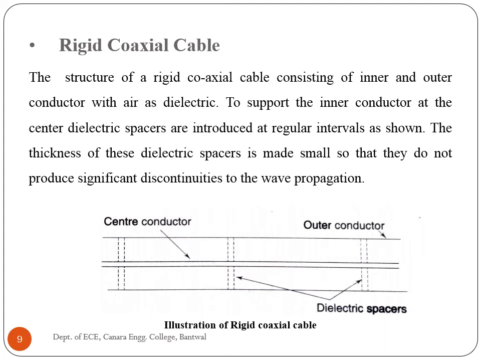The thickness of these dielectric spacers is made small so that they do not produce significant discontinuities to the wave propagation. Rigid line coaxial cable is mainly used indoors for high power connections between RF components in TV and FM broadcasting systems, although rigid line cables are also used in antennas.